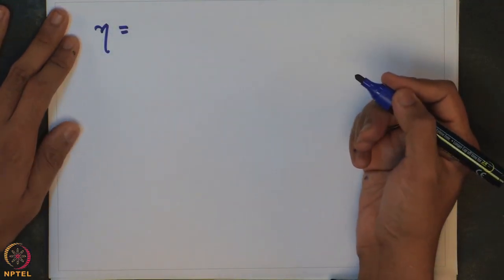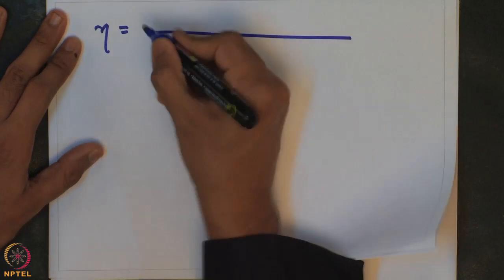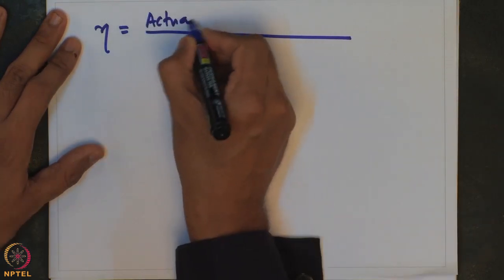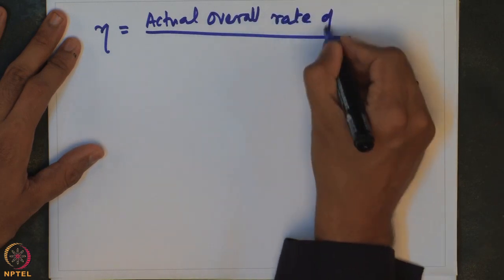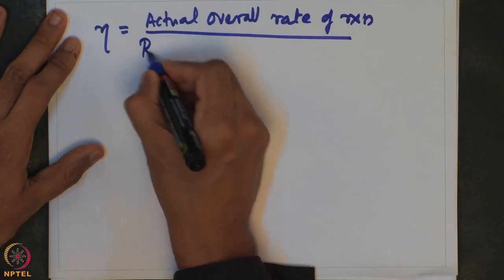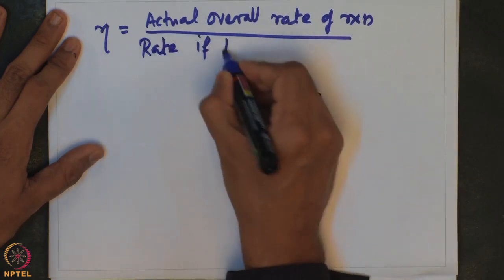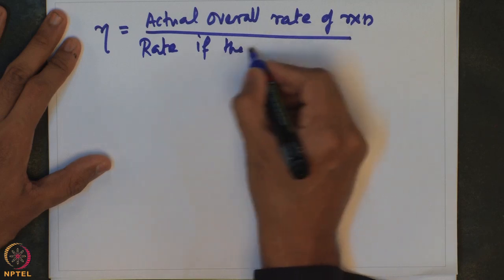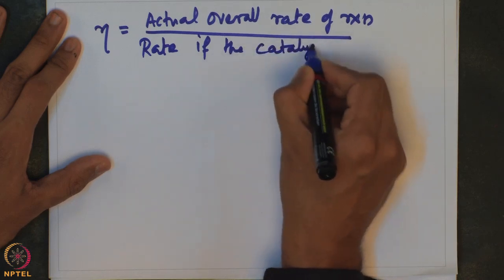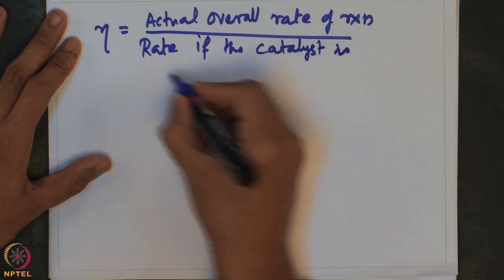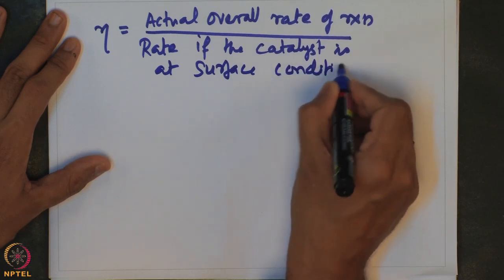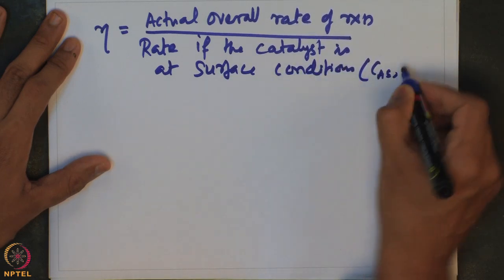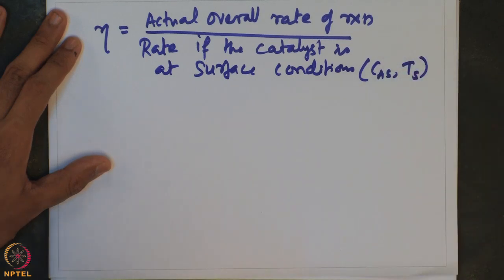So, the effectiveness factor when only the internal resistance to mass transport is present is essentially given by the actual overall rate of reaction divided by the rate if the catalyst is at surface conditions, that is concentration C_AS and temperature T_S.